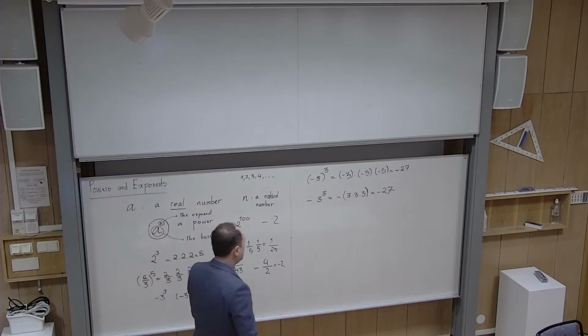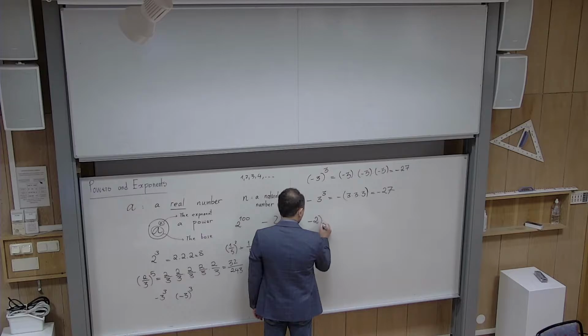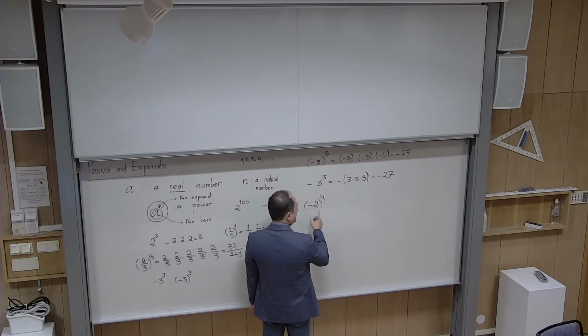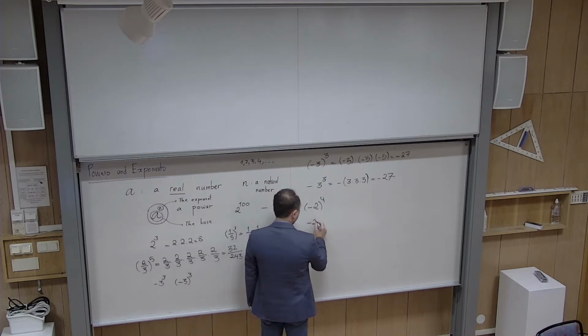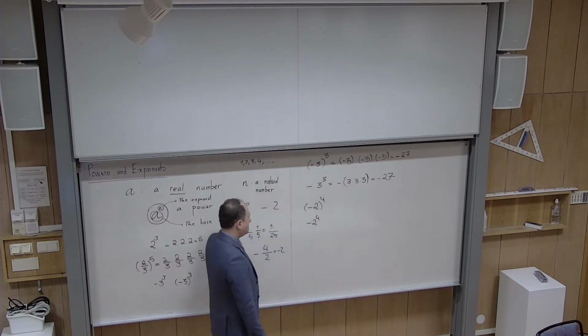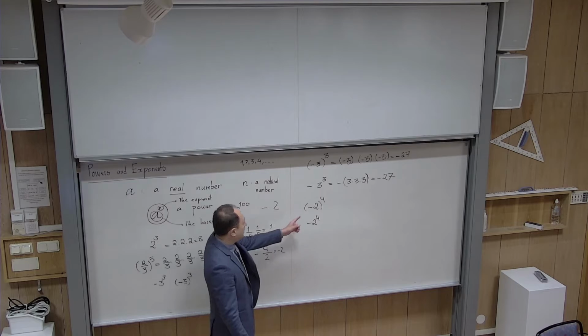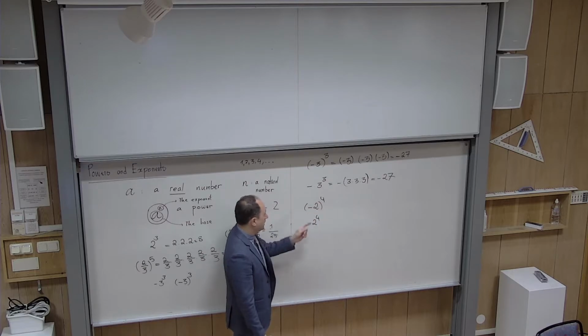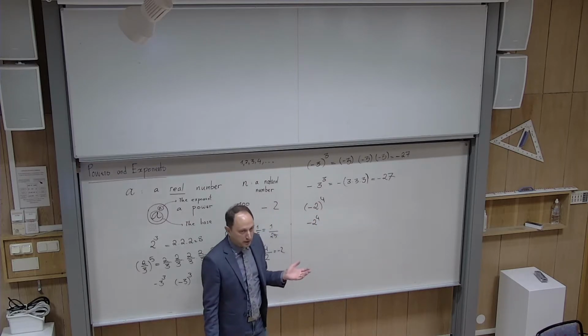So let us calculate this one. For example, if I give you minus 2 to the power 4, that's extremely important to understand right away. Okay, and then send it to your memory. So minus 2 to the power of 4. If I ask you what is this, you will tell me this is one single power. If I ask you what is the exponent, you will tell me 4. If I ask you what is the base, you will tell me minus 2.